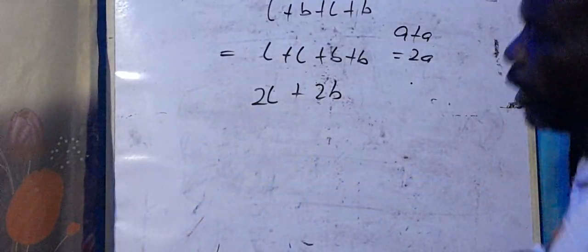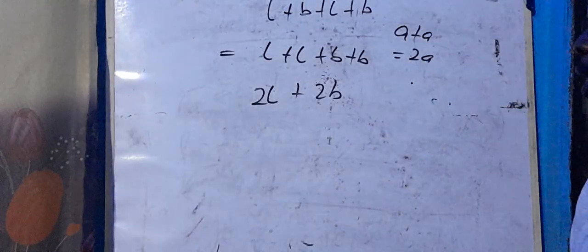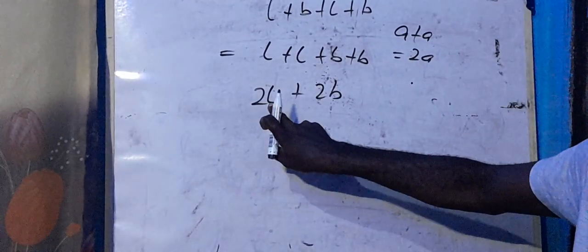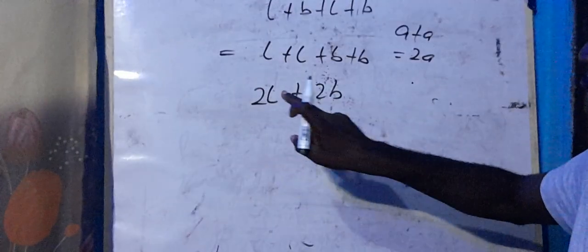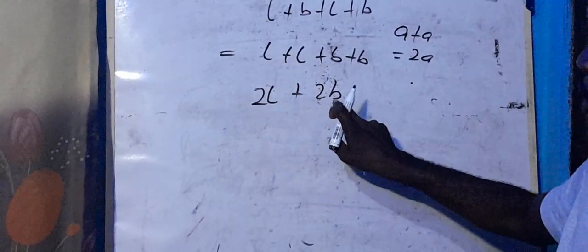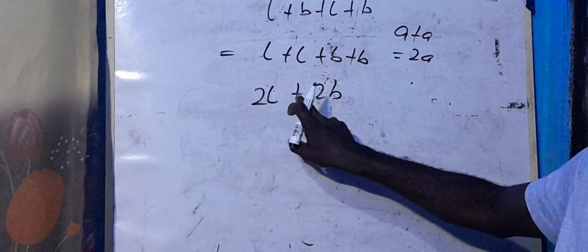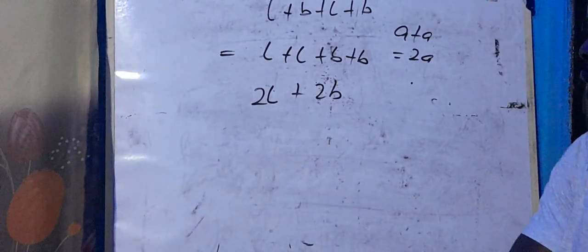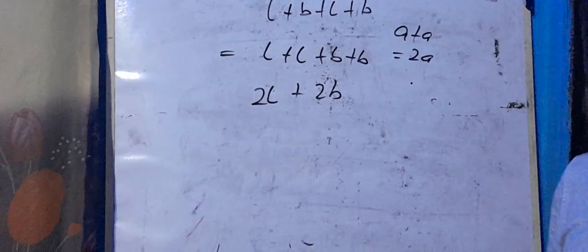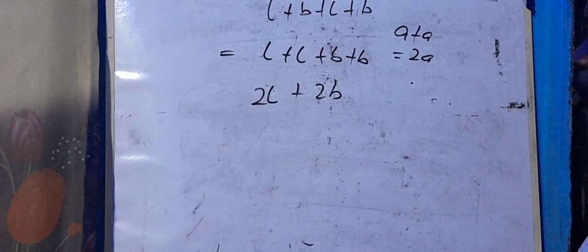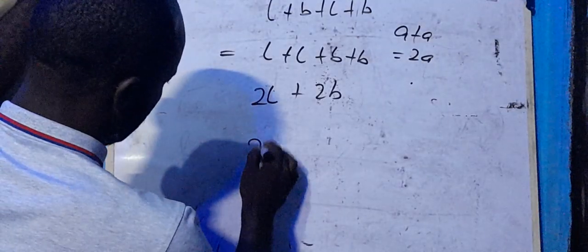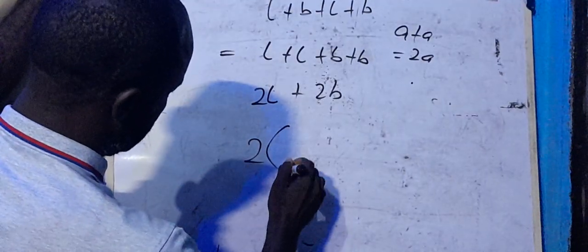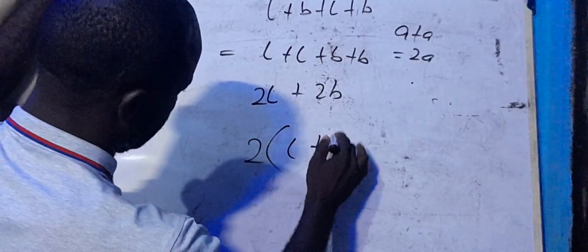If you look at it critically, you'll discover there's something common on the right hand side of the plus and the left hand side of the plus. What's common there? The number 2 is common. Since 2 is common, we bring it aside, draw a bracket, and write length plus breadth.